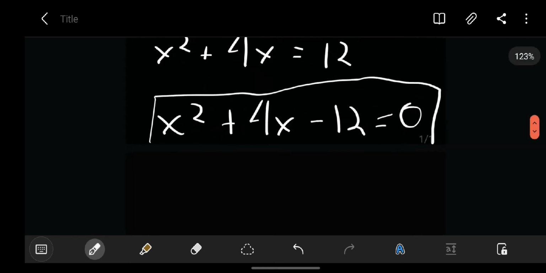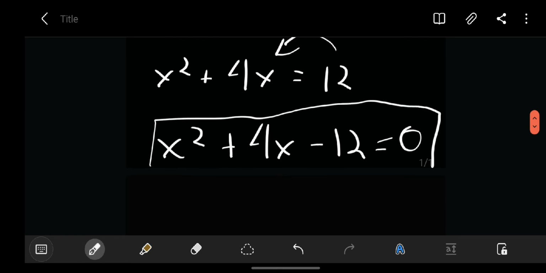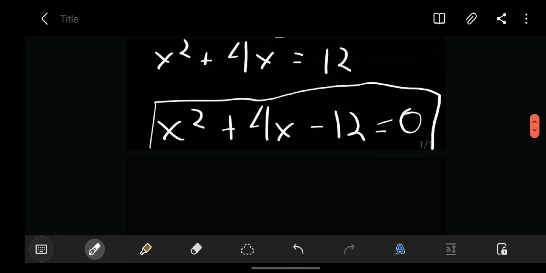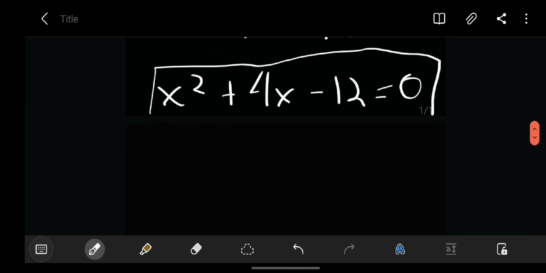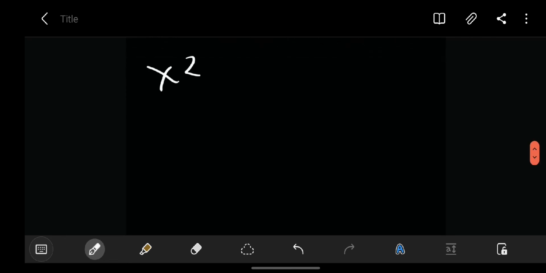Now we're going to factor that so we can find the value of x, the answer to the width. x squared plus 4x minus 12 equals 0, right?